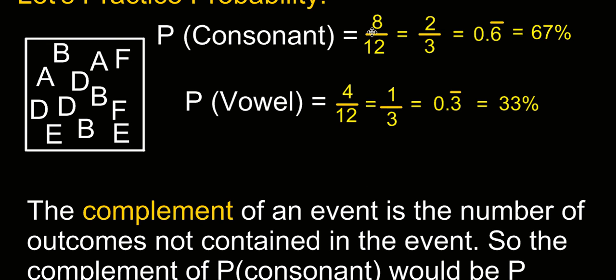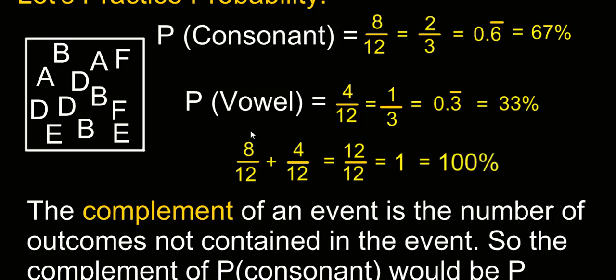So if we look at this and we have 8 out of 12 as the probability of a consonant, when we add the probability of a vowel, which is the complement, together we get 12/12, which is equal to 1, which means that 100% of the time you're going to either get a consonant or a vowel. And that's what a complement is. It's basically the opposite, or the other amount.